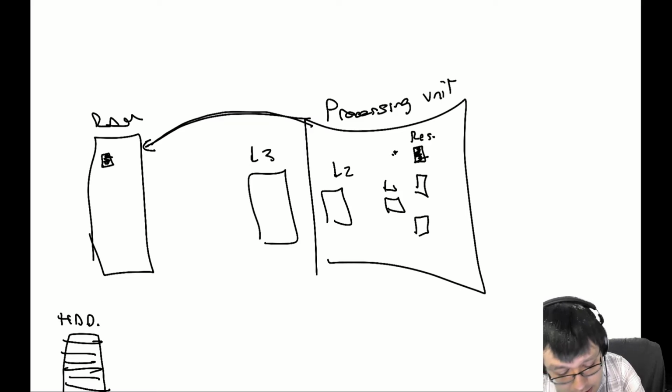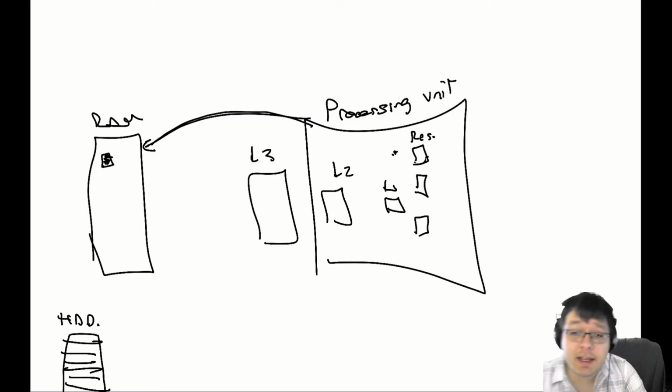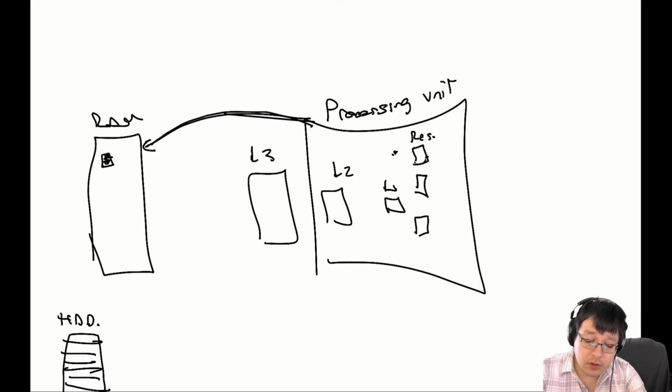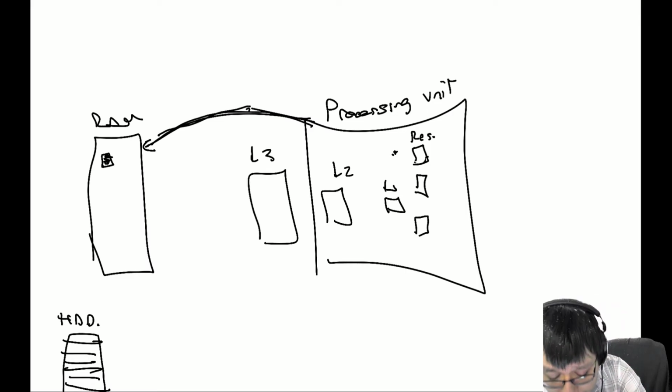But then I get other information, and eventually it gets rewritten. But then I need it again. So I've got to go all the way back to the RAM to get it. So that's not good, right? So what do I do? Instead, I take advantage of cache. If I use something here, if I copy it from my memory, when I'm done using it, instead of just deleting it, I end up copying it here.